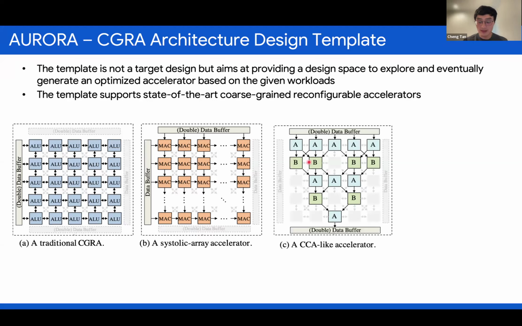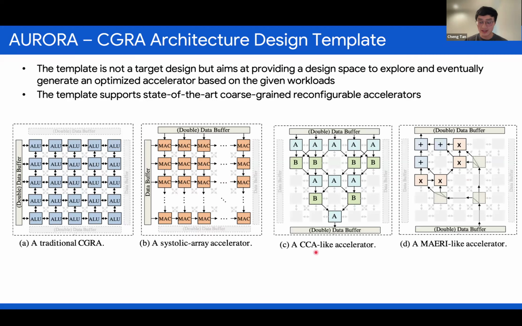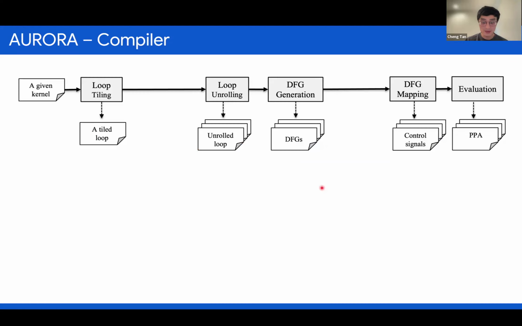It can also form other advanced designs proposed by other papers, like a CCA-like accelerator from 20 years ago, if I remember correctly, and a Marie-like accelerator. So in this way, it can form any accelerator design you want.